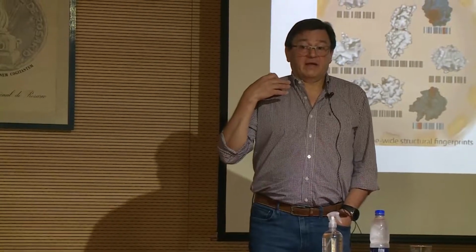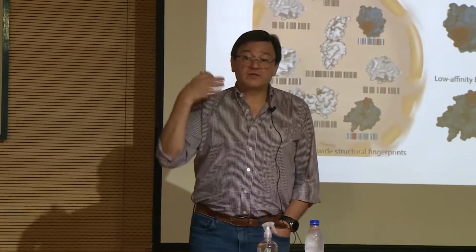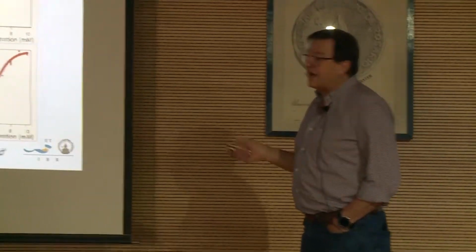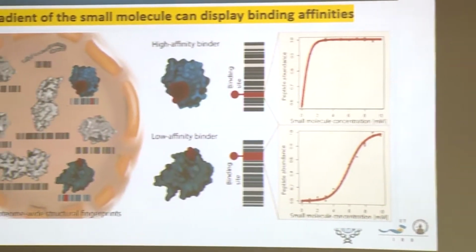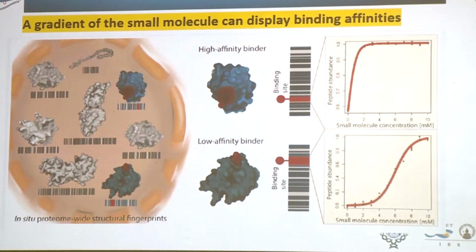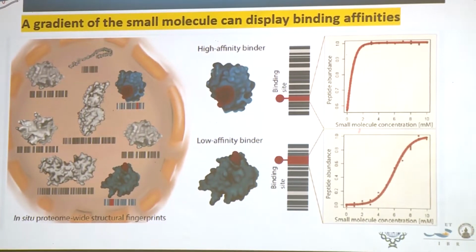If I have made a previous experiment in which I just identify effects in one protein, I can check for that protein the affinity of the molecule that is doing the effect.